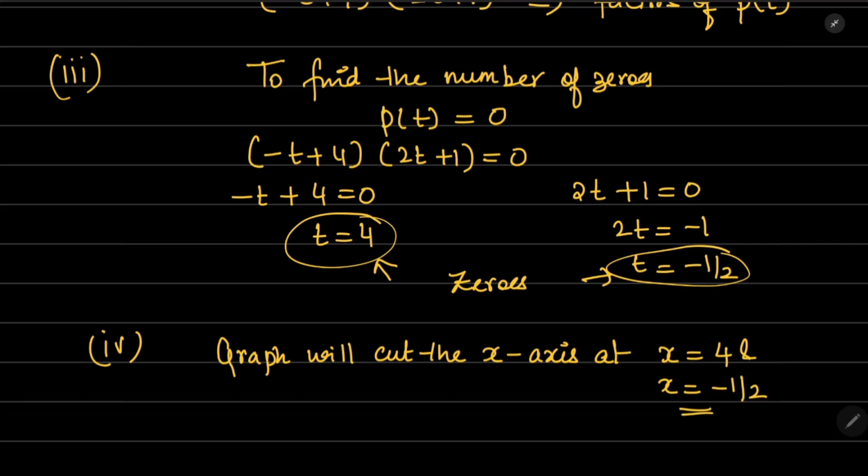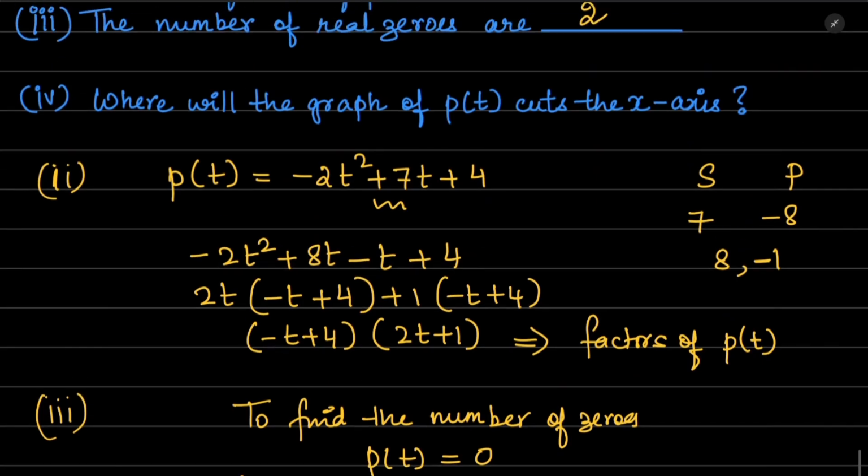Okay, so these are the only 2 points which are the zeros of the polynomial, hence your y is going to be 0. At x equal to 4 and x equal to minus 1 by 2, your graph will cut the x-axis.